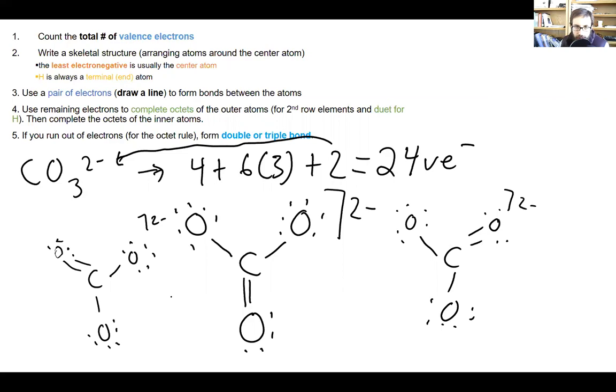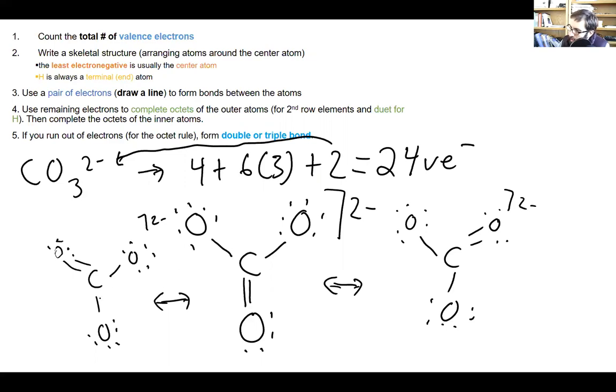That's called resonance structures. Usually we draw double arrows like this, saying that they're all interconverting. None of these is actually by itself the best reflection of reality. This double bond is delocalized across all the carbon-oxygen bonds.